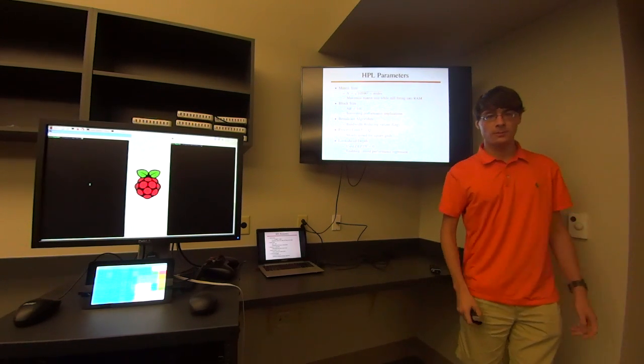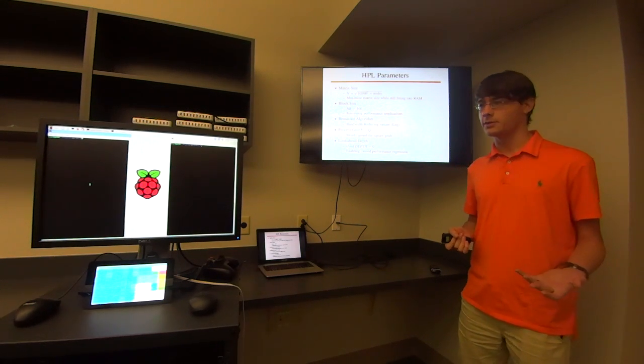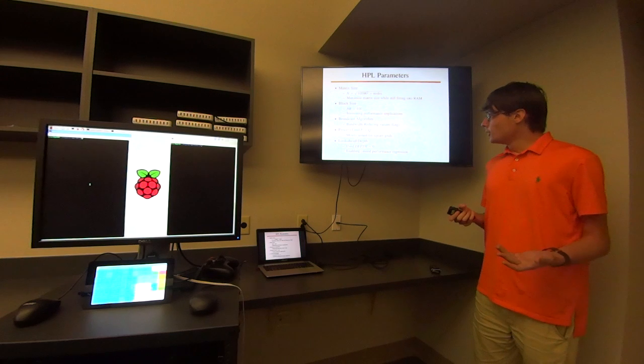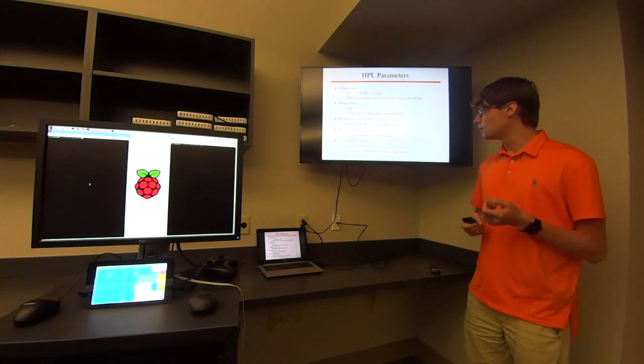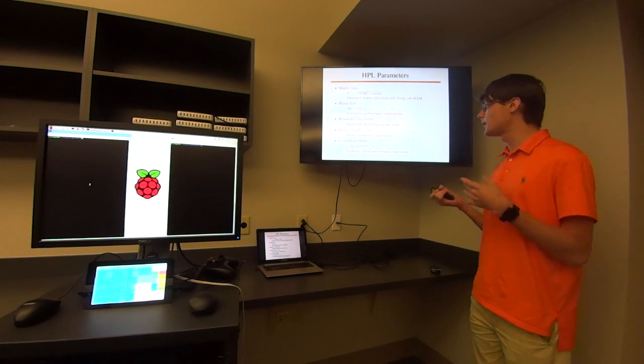So the HPL parameters are another place where you can optimize in addition to your linear algebra library. We settled on doing our matrix size of roughly 10,500 times the square root of your number of nodes.